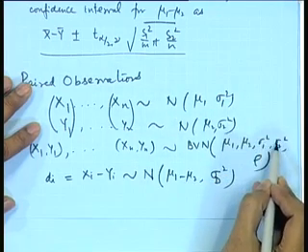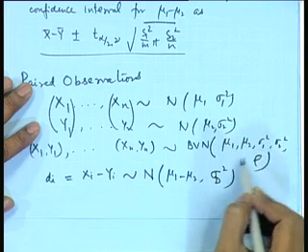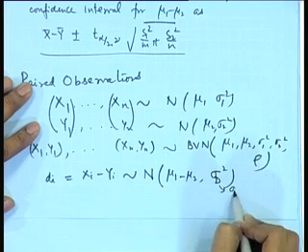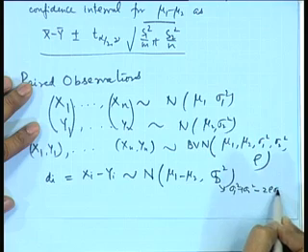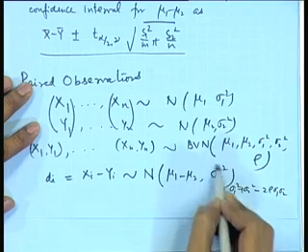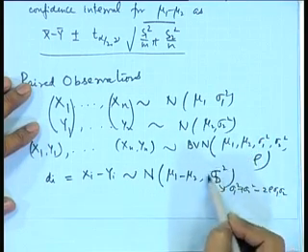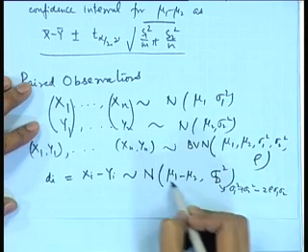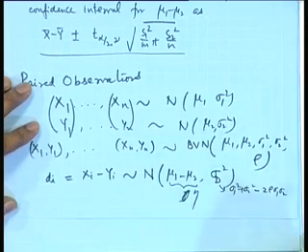Actually, it will be sigma 1 square plus sigma 2 square minus twice rho sigma 1 sigma 2. That is not important here, because they are all unknown and we need only an estimate of this, because we are interested here in the confidence interval for mu 1 minus mu 2.